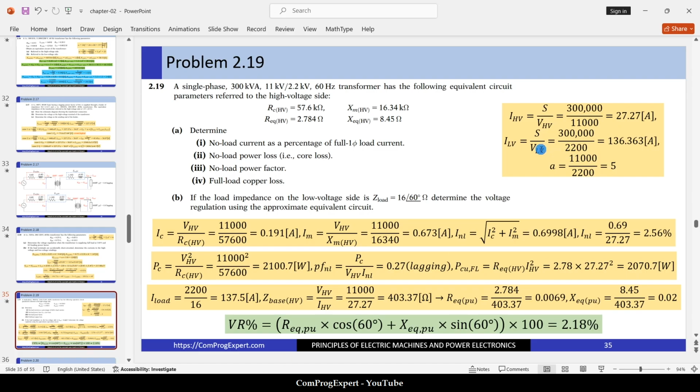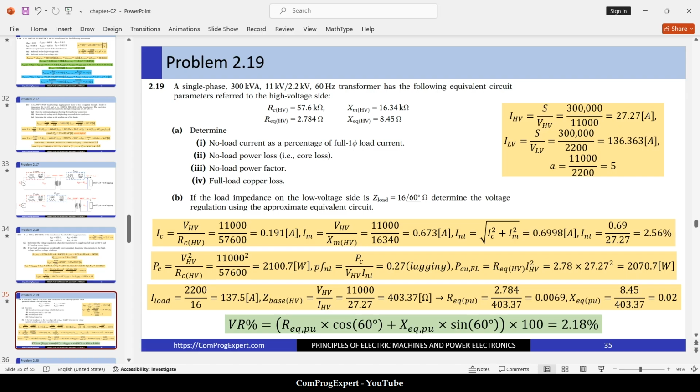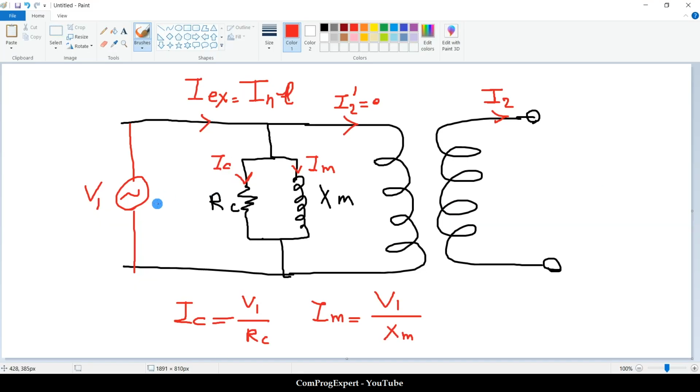And what is the value of the current for the low voltage side? It is this one. The voltage of the secondary is 2.2 kilovolts. This is the transformer turns ratio, which is equal to 5. So here we calculated the no load current for the primary side.